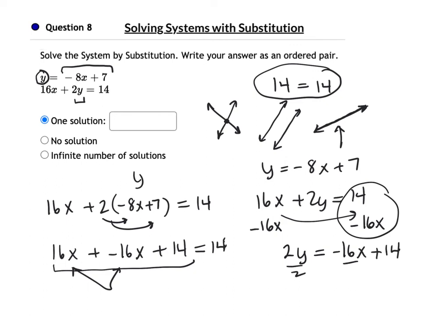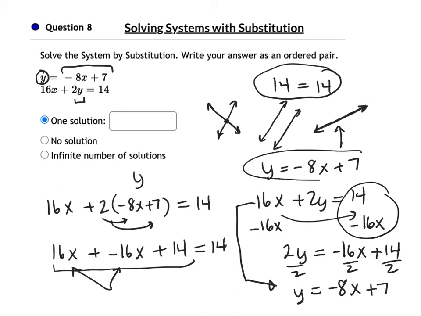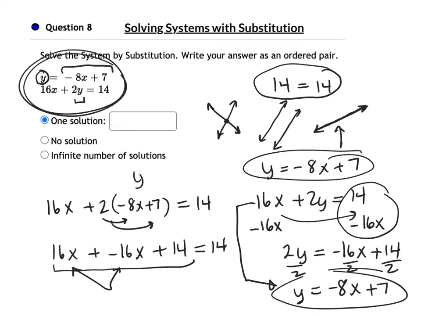Divide by 2, and we can see that this equation becomes y equals -8x plus 7. In other words, the 2 equations are the same. They don't look the same, but they are. They overlap each other and share every ordered pair. There are an infinite number of solutions to this system of equations.